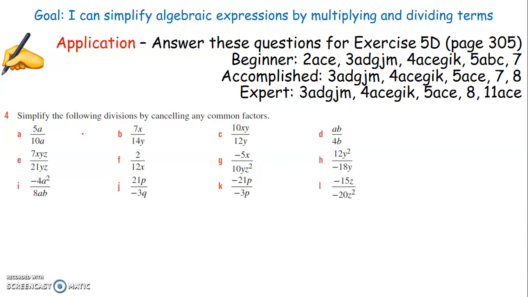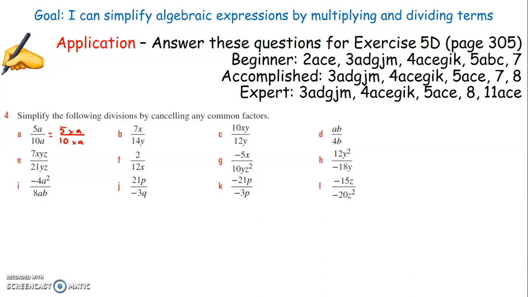Let's start with A. All right, so A, we have 5A over 10A. I am just going to rewrite this. Now remember 5A means 5 times A over 10 times A. Okay, now first let's simplify the coefficients.